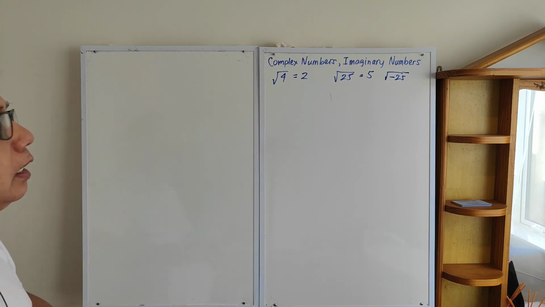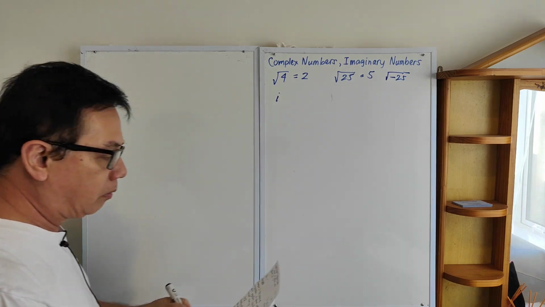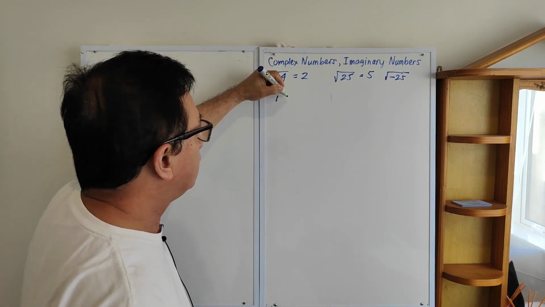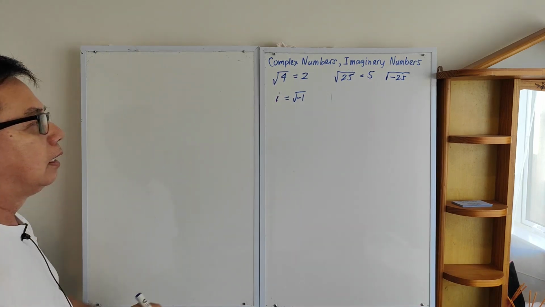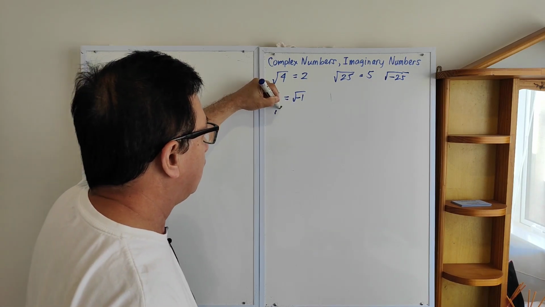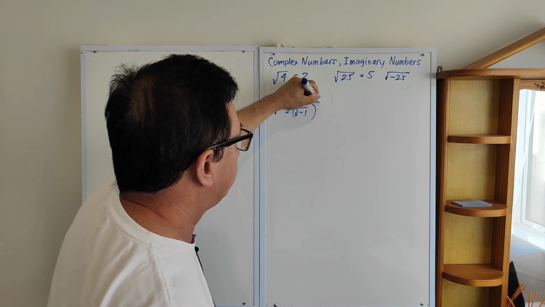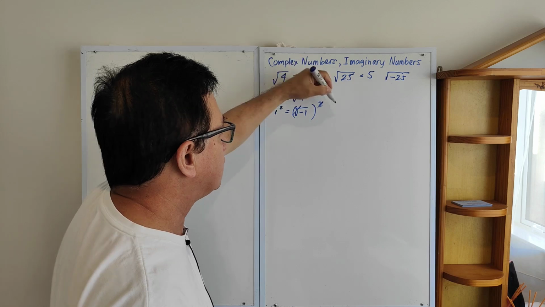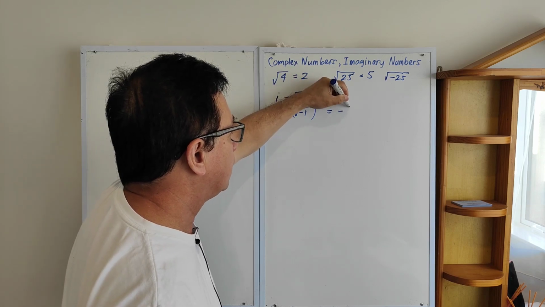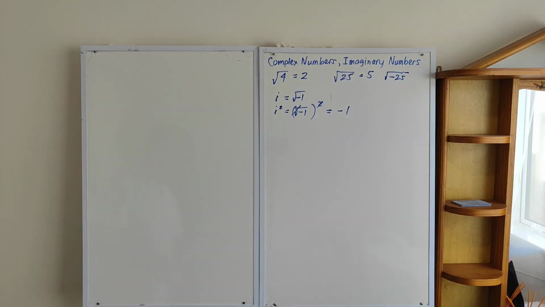mathematicians came up with the idea of i, or an imaginary number, where i is equal to the square root of negative 1. Now i squared would be the square root of negative 1 squared, so the square root and the square would cancel out, and you will have negative 1 for i squared.